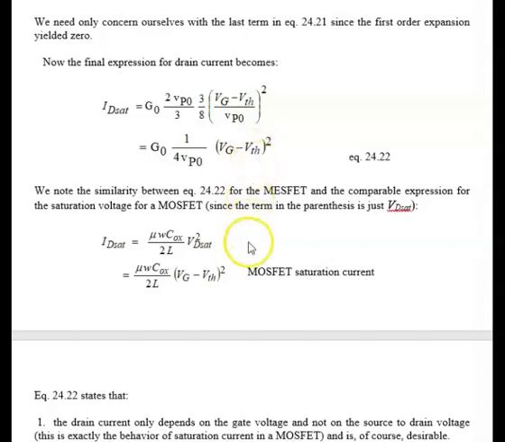Just like we had for the MOSFET, we have square law dependence for the MESFET. Where you say, well, what happens to velocity saturation? We know that this really is not a square law; the exponent is something like 1.3, 1.4. How about here? Do we have velocity saturation in MESFETs?